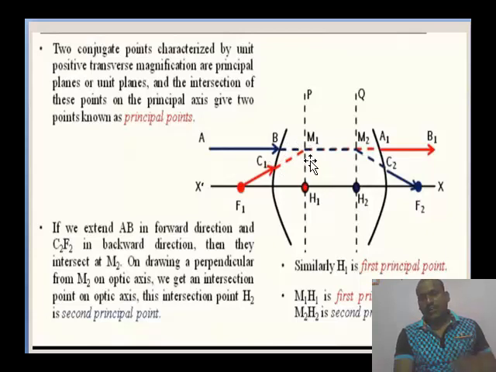How to get this M1 and M2? When the ray starts from AB, is incident and refracted through C2 to F2, you draw the extended part, the reverse, as a dotted line. The incident ray and refracted ray make a parallel, and you also take the imaginary reverse. Where these two lines meet, you draw the perpendicular, and that is the second principal point.